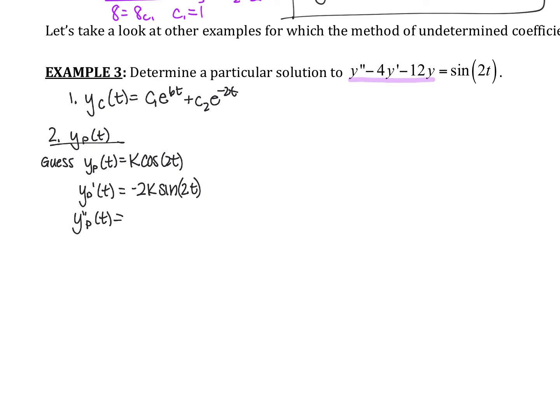You're just watching, I wouldn't write this down. So negative sine is negative cosine, so negative 4k cosine 2t. Okay. If we substitute this in, again, you're just watching.